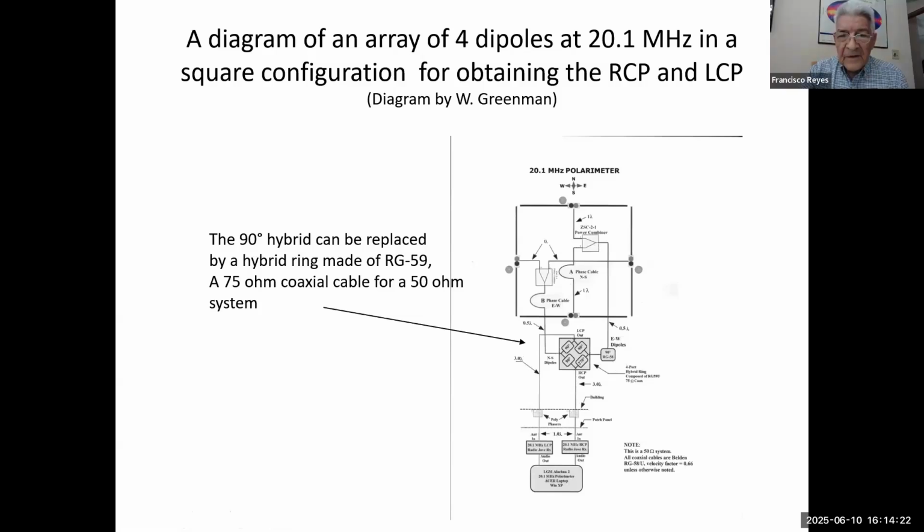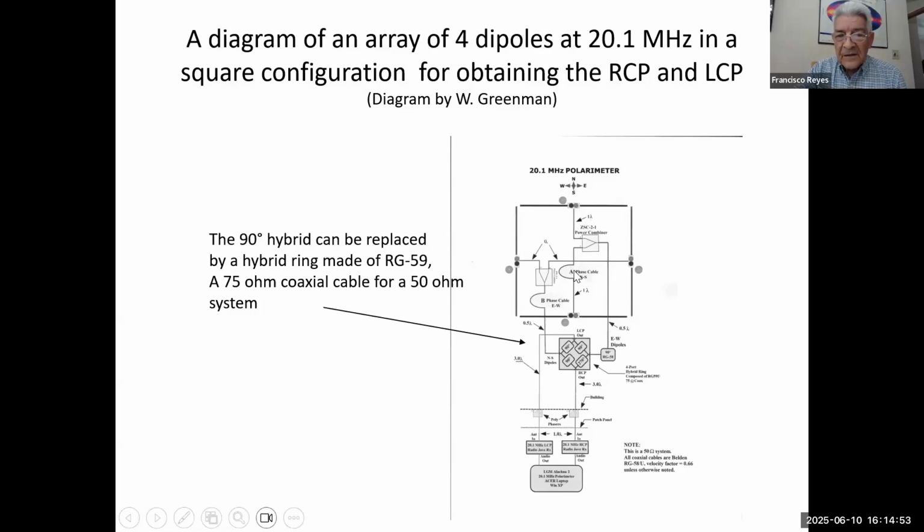The A and B, for example, in the case of, if you are observing here, you have the upper part is the north, the south part is the south. So Jupiter is probably south of the zenith there. So the south dipole, the wave will hit the south dipole first, and the north dipole after that.